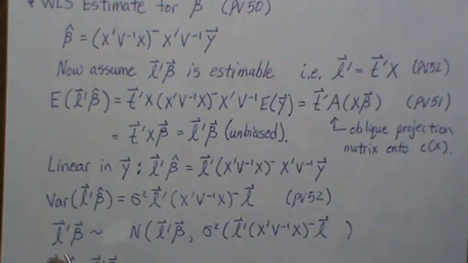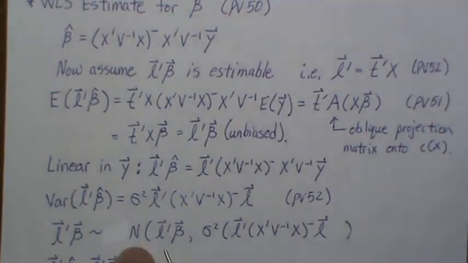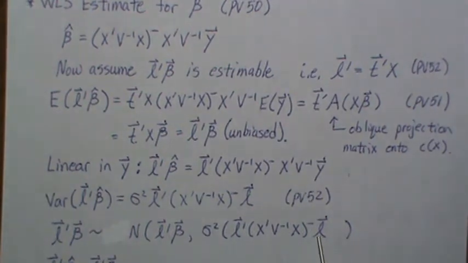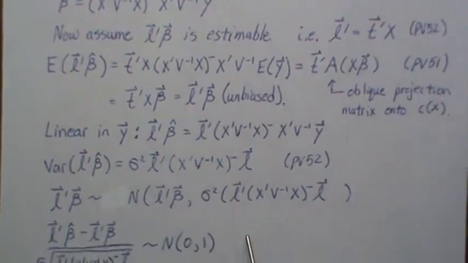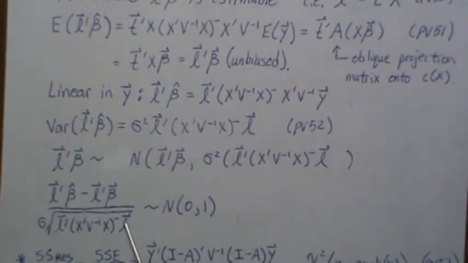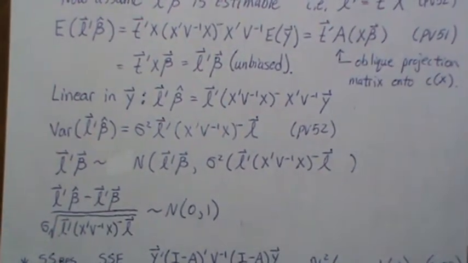Then it says that this linear combination is normally distributed with this mean and this variance. And so if we subtract the mean and divide by the standard deviation, which is this, it's a standard normal distribution.